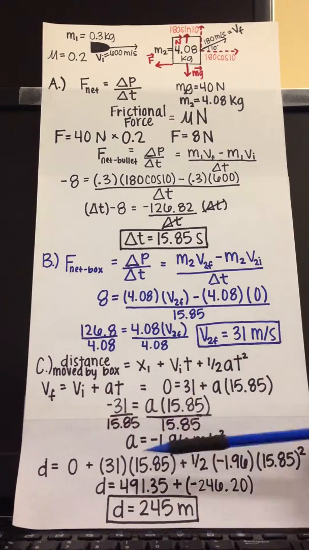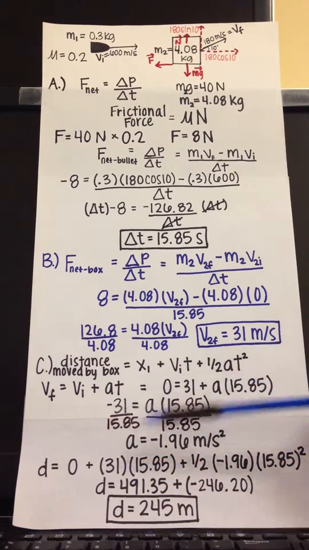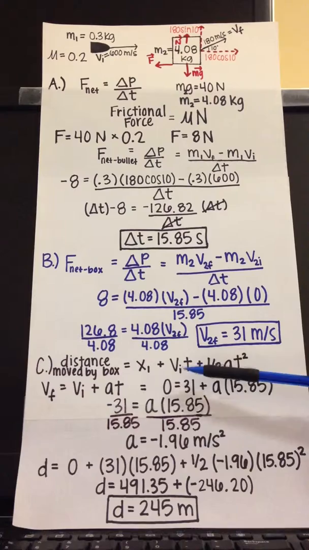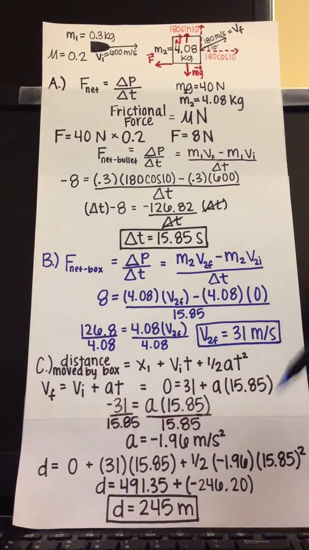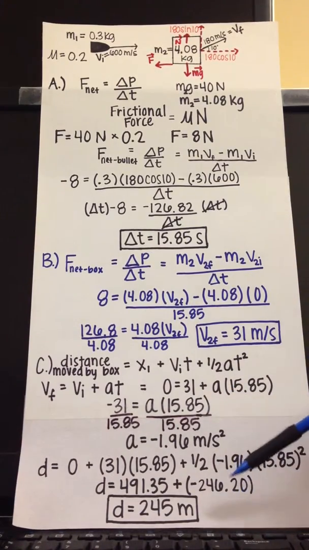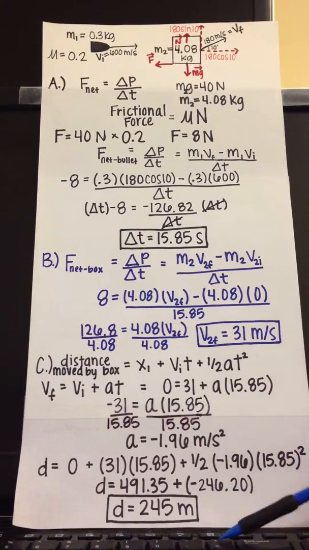So I put in all my values: 31 for initial velocity, 15.85 for time, negative 1.96 for acceleration, and 15.85 for time again. Once I calculated all this together, I got that the distance moved by the block was 245 meters.